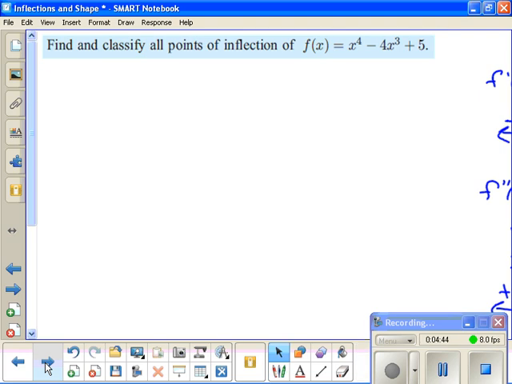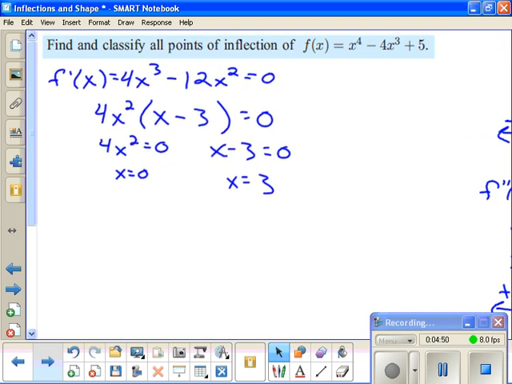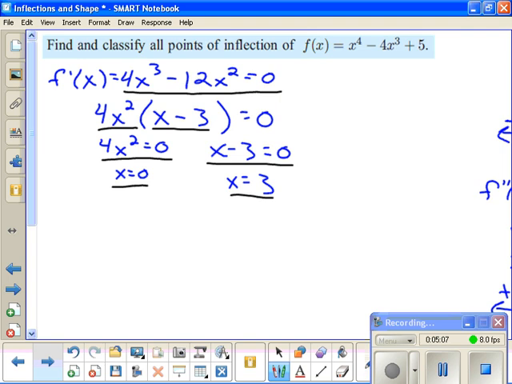To do that, I've got my function, and the first thing I would do is find the first derivative. Then factor it, which is all I've done here, taking out a common 4x squared, then set each part equal to 0 and solve.